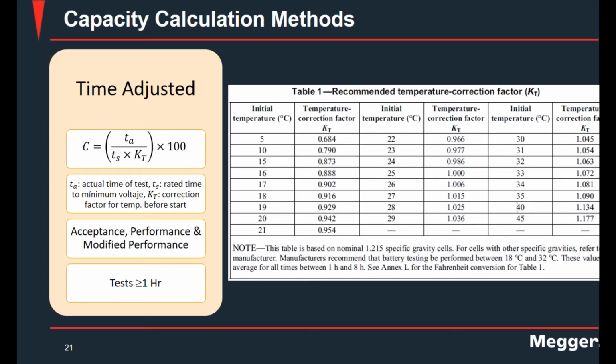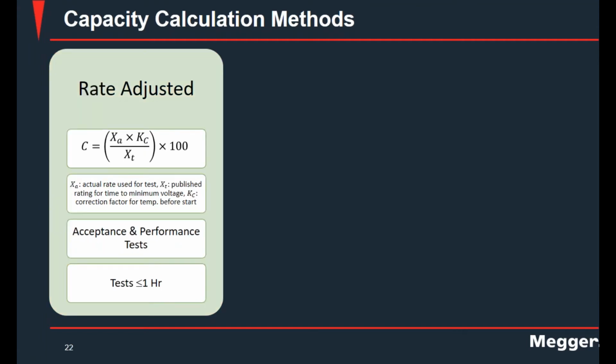Then the other method is probably not so common. It requires a correction factor because the rate has to be adjusted for the aging of the battery, and you divide the rate used for the test over the published rating, and you also use a correction factor there.